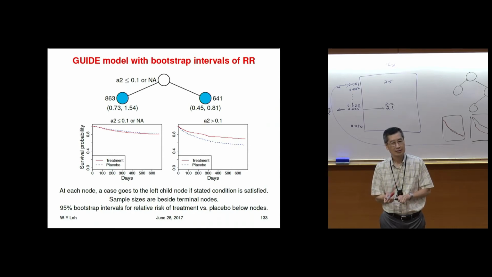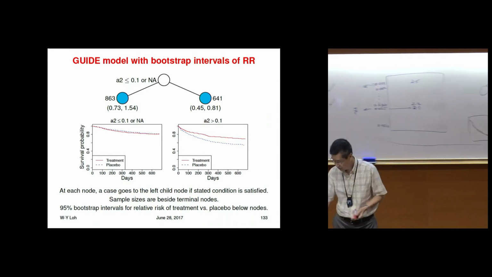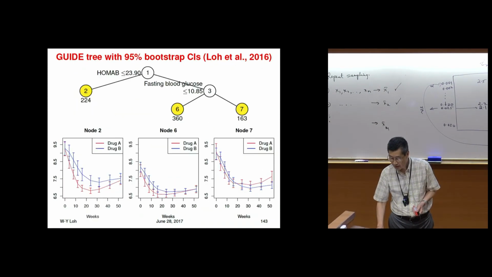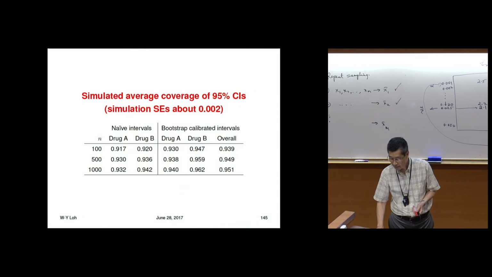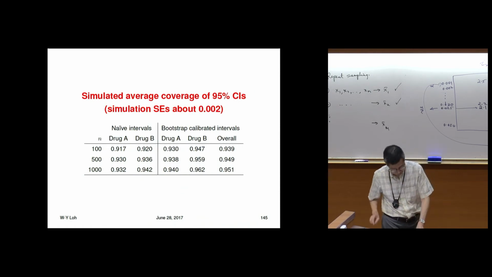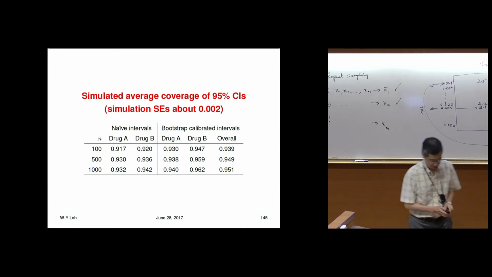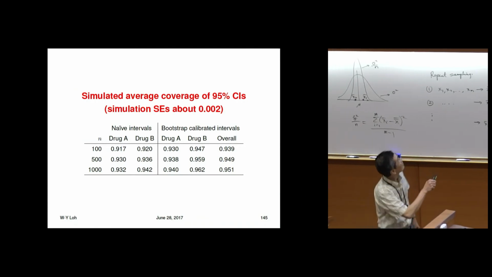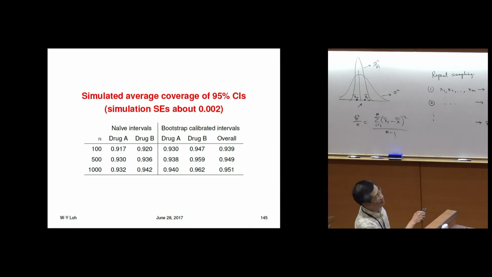Right. I have some simulations to show you that the confidence interval method actually is pretty good. See? So before that, let's look at this. Right. So I did a simulation just to get the coverage, get the confidence intervals. And you see, I have the drug A and drug B. This is a diabetes example.